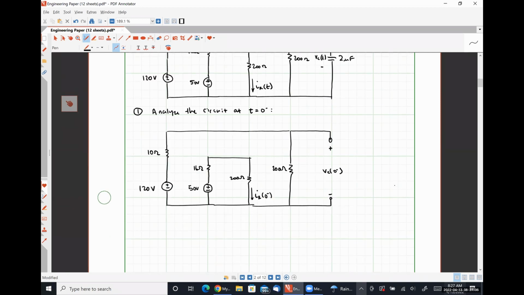So to restate things, VC of 0 minus is 120 volts times 200 ohms divided by 10 ohms plus 200 ohms. That's me applying voltage division there. So that's 120 times 200 over 210, which is 800 over 7 volts.